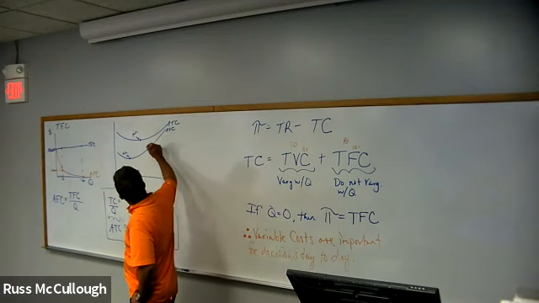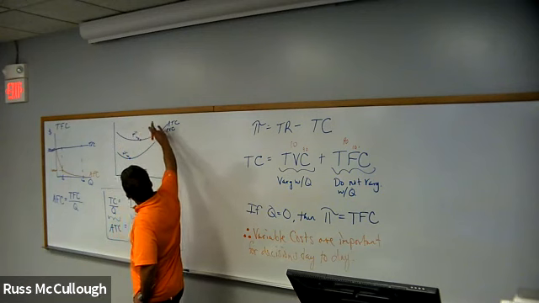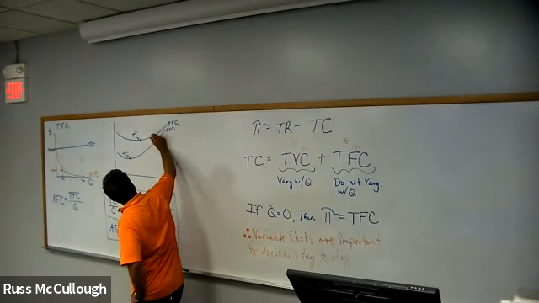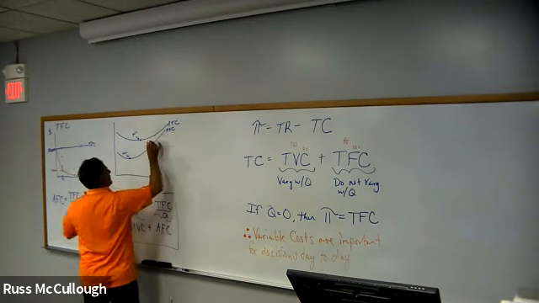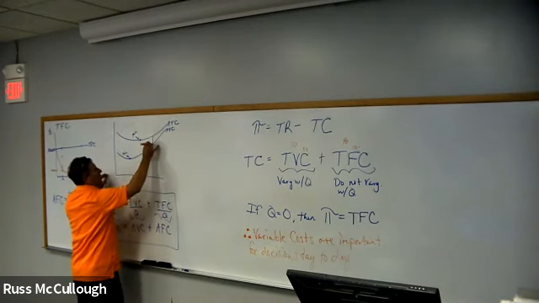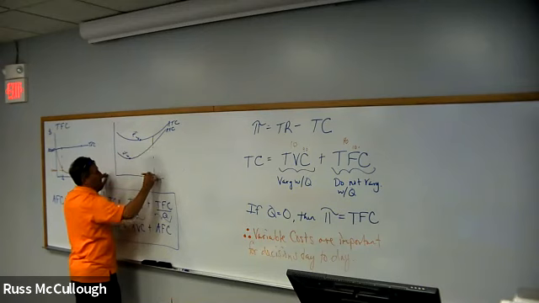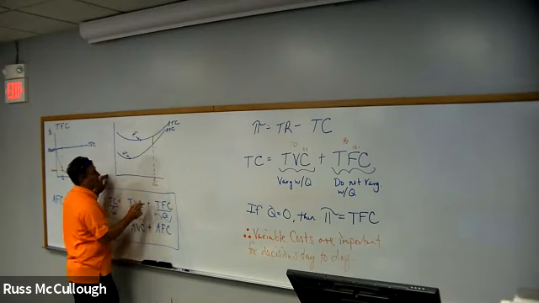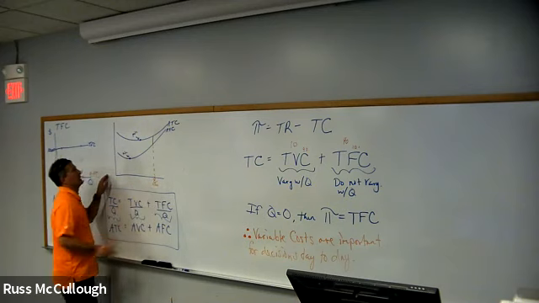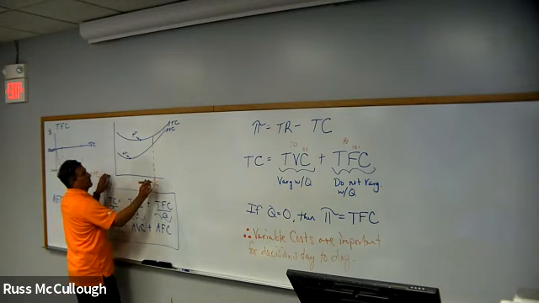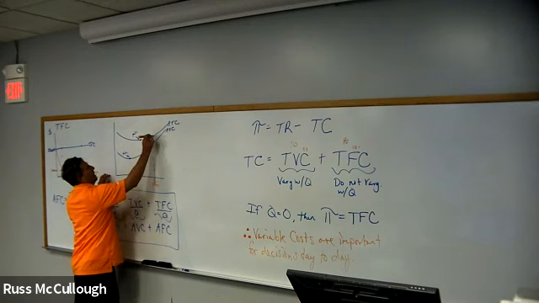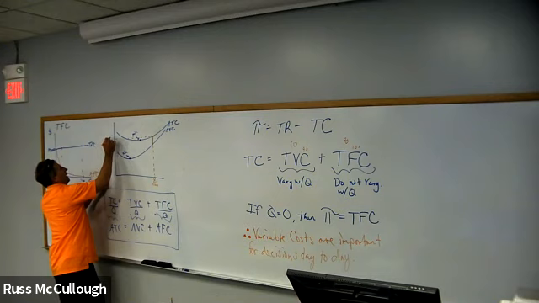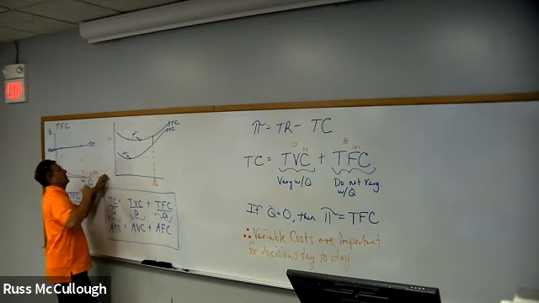So this looks this way because what's in between here? What's this little height? If I pick out this quantity, let's call it 1,000 units, when I make 1,000 units, I go up to the average total cost curve, hang a left, and I find out that my average cost per unit is $10.